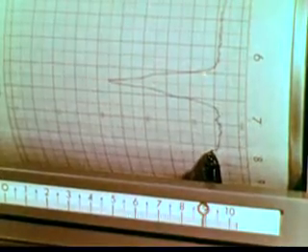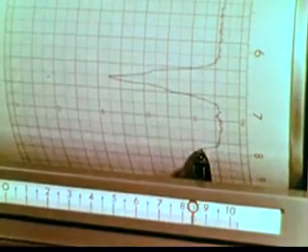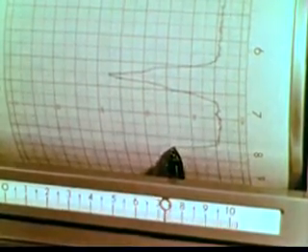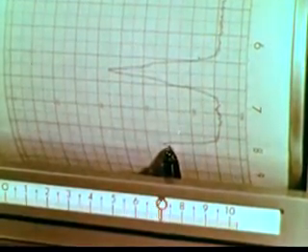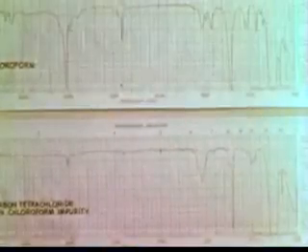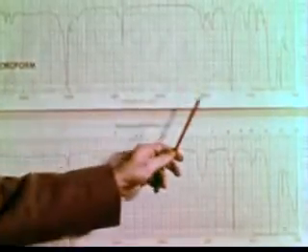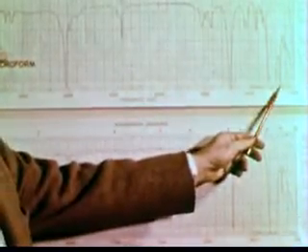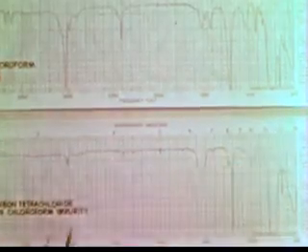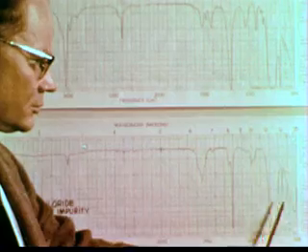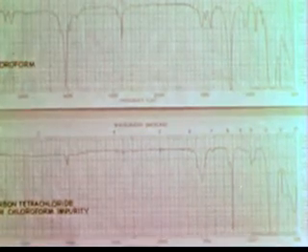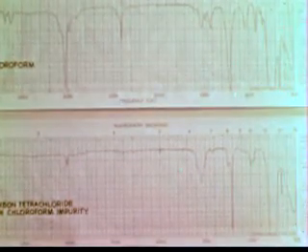The intensity of the latter is dependent on the extent of the contamination. These three strong characteristic frequencies of chloroform show up nicely here, here, and here, clearly revealing its presence in the carbon tetrachloride.